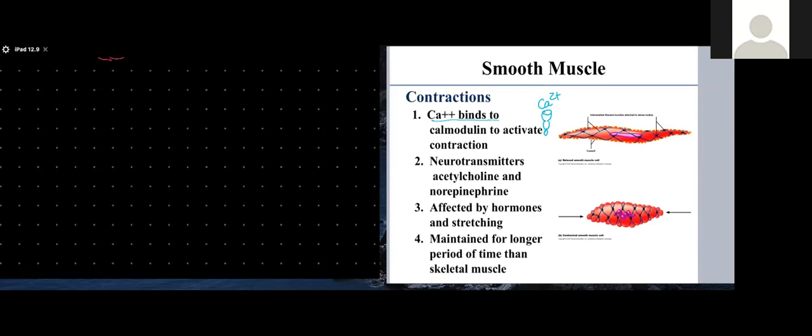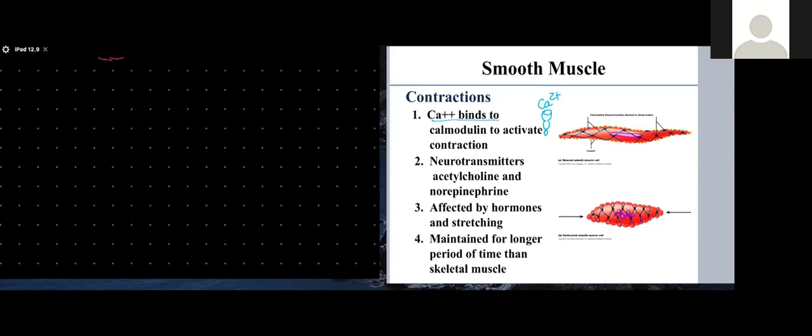Do you remember? Any other answer? We got troponin from Najib. Any other idea? Troponin.